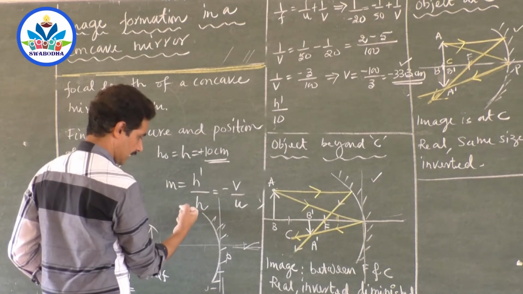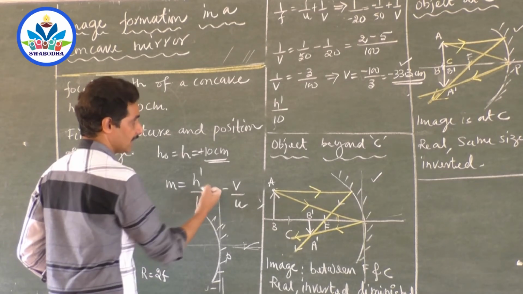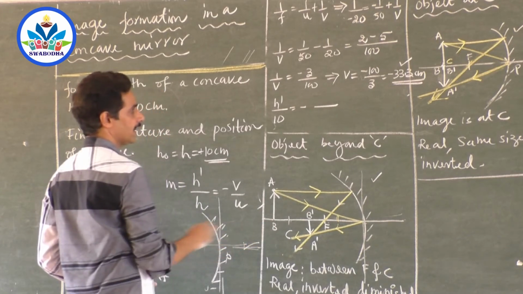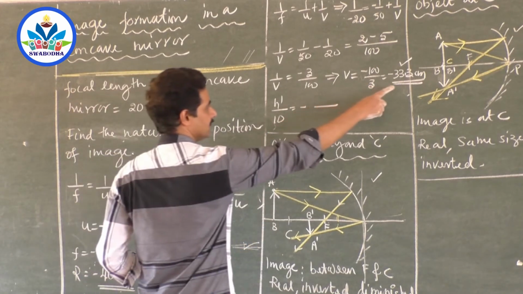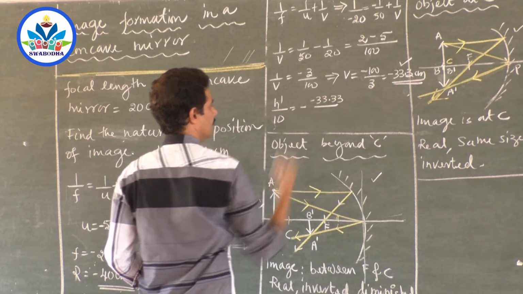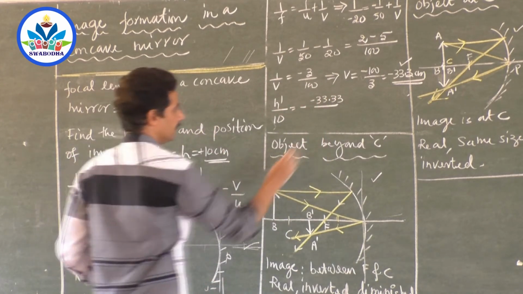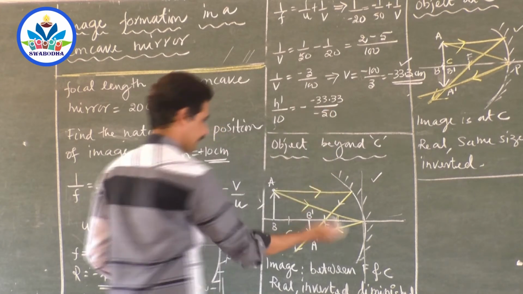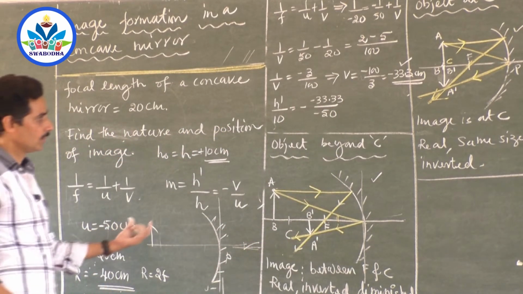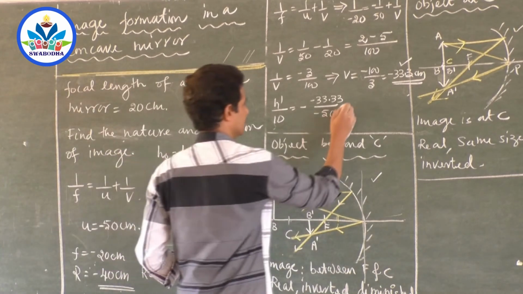H dash by H, height of the image by height of the object, is equal to minus V by U. V is negative, minus 33.33, by U. U is minus 50, and it is on the other side. Last time we have written U as minus 50. So what will be this answer?